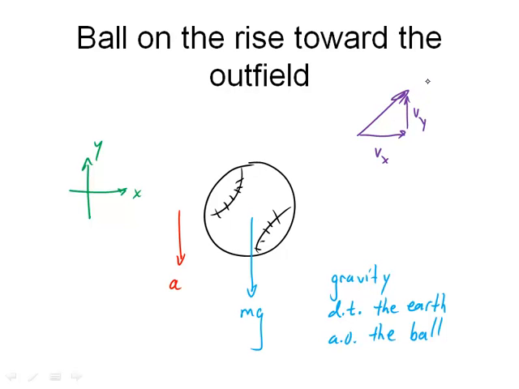But remember from projectile motion that only v sub y is affected by gravity. V sub x is constant. And now this makes sense along with our force diagram. Acceleration affects velocity. There is no acceleration in the x, so the velocity in the x direction must remain unchanged. Only the y velocity is changing. So mg is the only force acting on the ball.